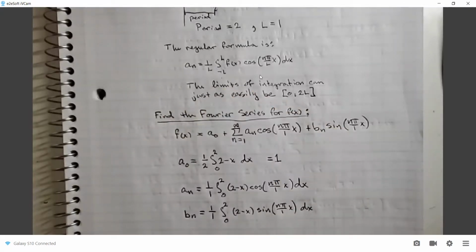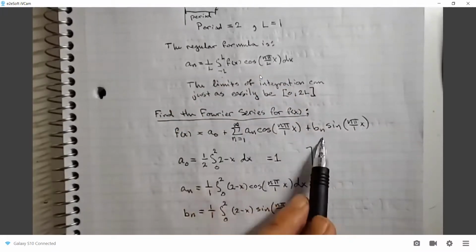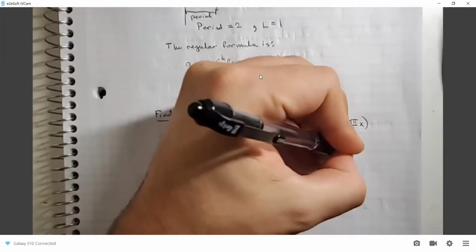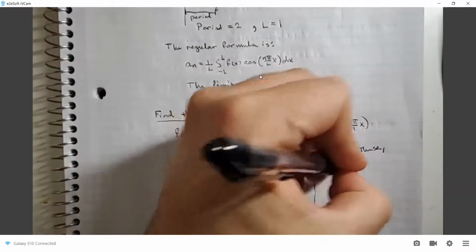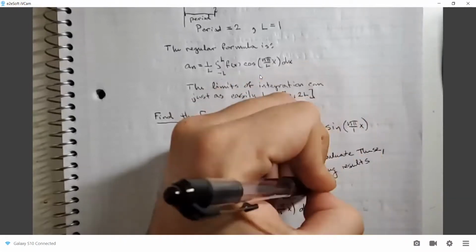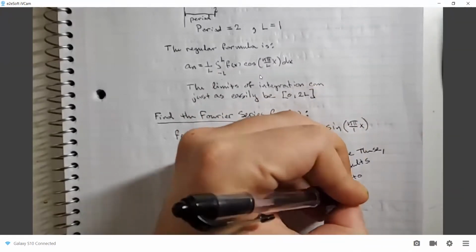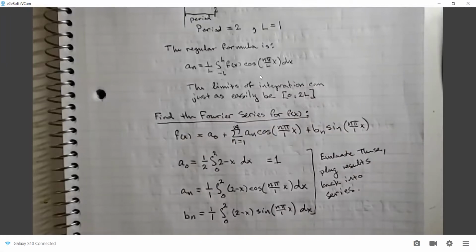Just do u equals 2 minus x, and the other one is your dv. So from this point on, evaluate the integrals and plug the results back into the series, and that's your answer. Cool, that's basically how that works.